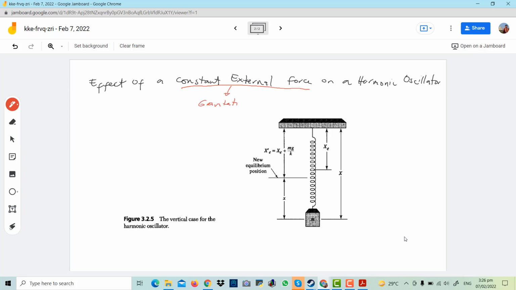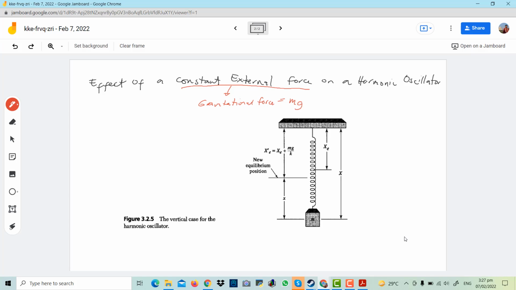Take note, the gravitational force. And we know that the magnitude of the gravitational force is equal to m times g. That's why we see mg in our equation in our system. So again, the goal is to calculate the equation of motion and compare our harmonic oscillator's equation of motion for the vertical case and for the horizontal case.